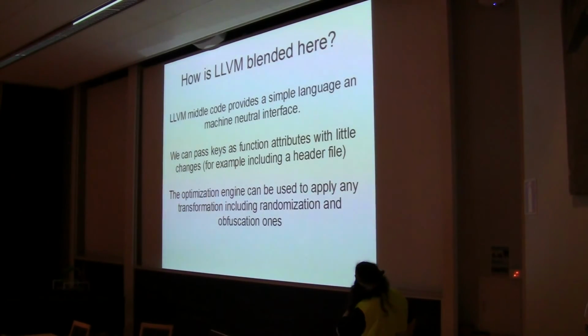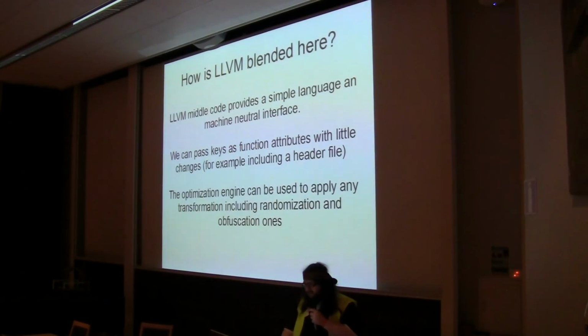So how do we blend LLVM? Well, as I said, obfuscation keys are function attributes or compilation unit attributes. And we use the optimization engine in the middle of everything. So our obfuscation techniques are called optimization passes, even though they actually make the code slightly slower. So not exactly optimization, but it's what we could use.